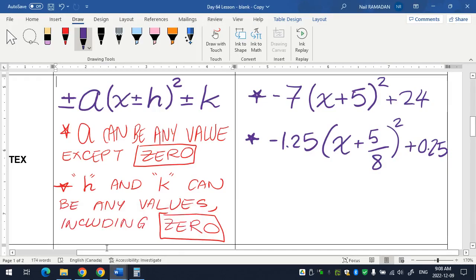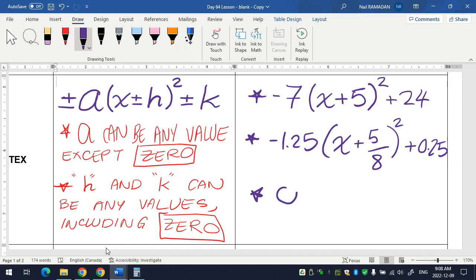So let's change it and say, what would be a wrong one? Making this 0. So I'm just going to propose a new one. 0 times (x minus 7.3) squared plus 2.2 over 9.